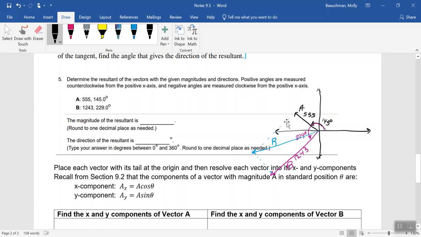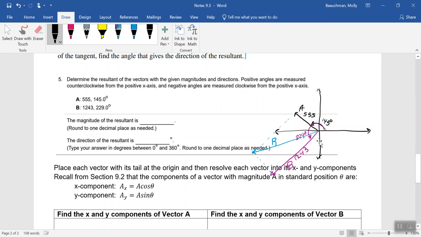So if we draw in a parallelogram, notice we've got our initial sides at the origin, terminal sides, and then what we're trying to find is the blue. We're trying to find the resultant vector. And we're also trying to find the angle from standard position to the resultant vector.